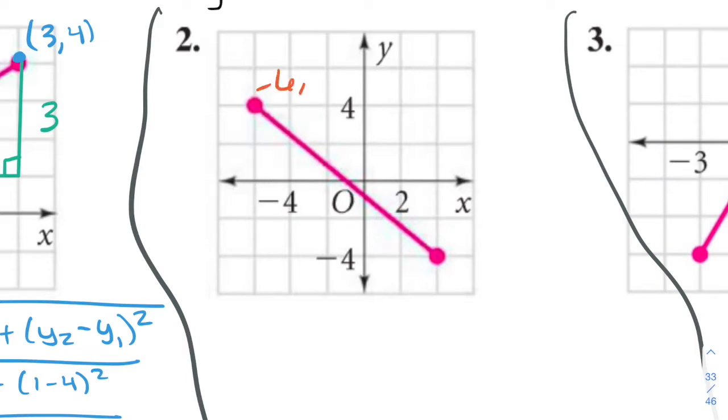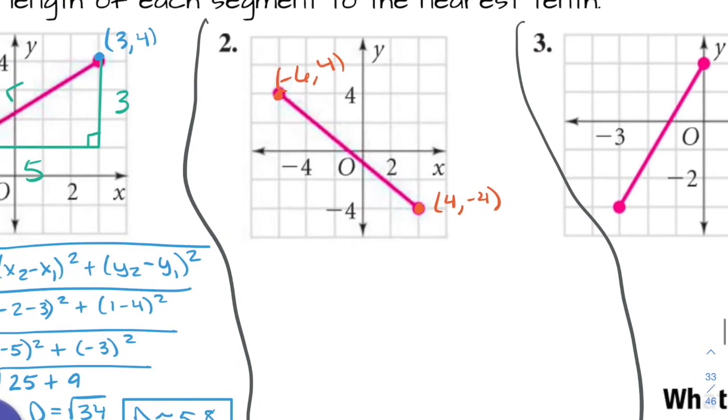Negative 6, positive 4. And this one is 2, 4, comma, negative 4. So if you counted by ones, you would obviously have gotten an incorrect answer.